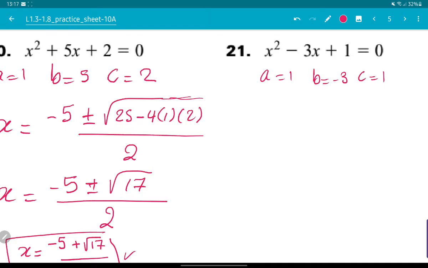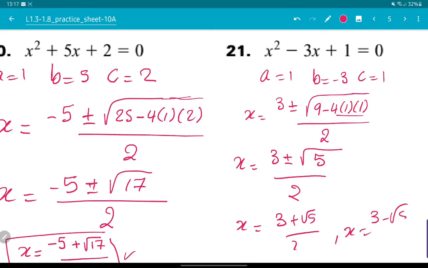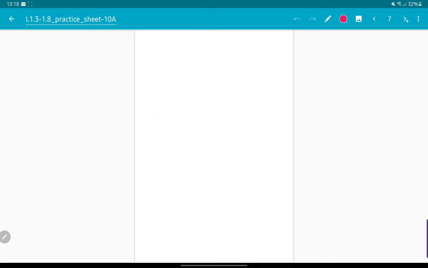The formula is negative b, so it's 3 plus or minus square root of b squared, which is 9, minus 4 multiply 1 multiply c, also equals 1, all over 2a. X equals 3 plus or minus square root of what? 9 minus 4 is 5 all over 2. So the answer will be 3 plus root 5 over 2 and 3 minus root 5 over 2.